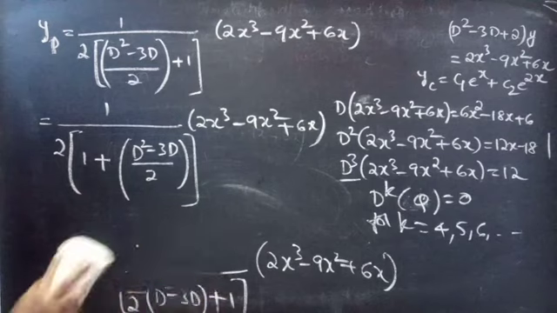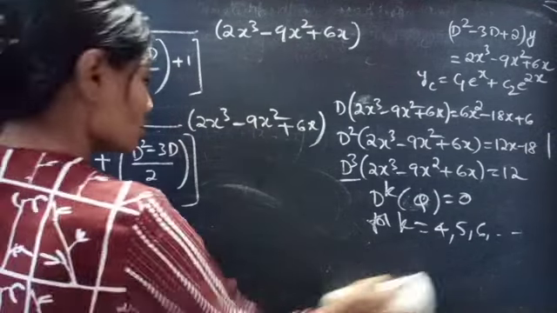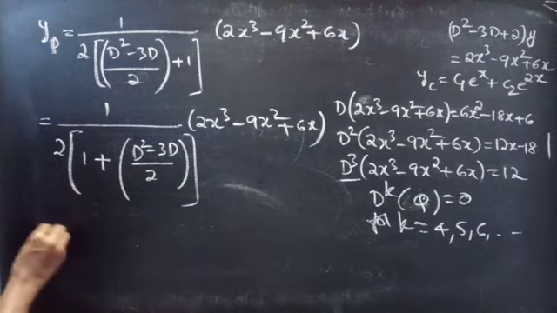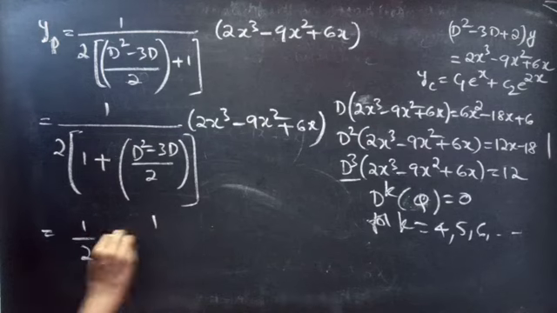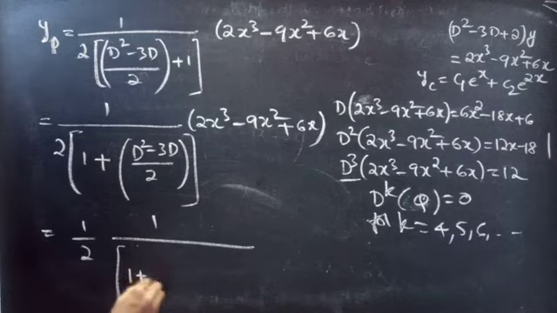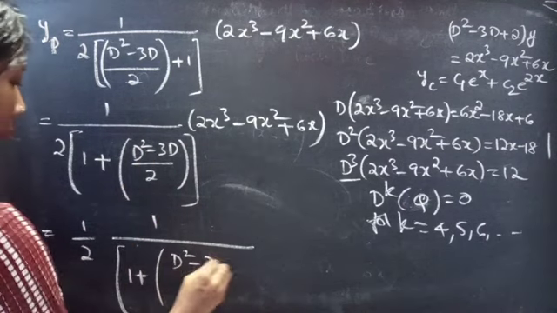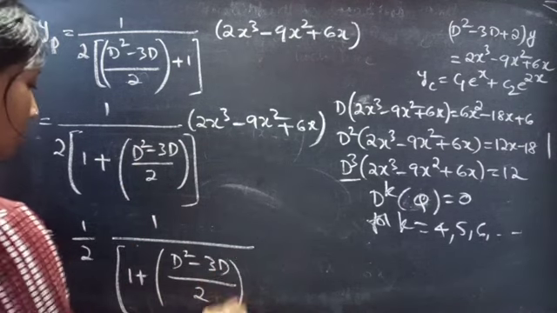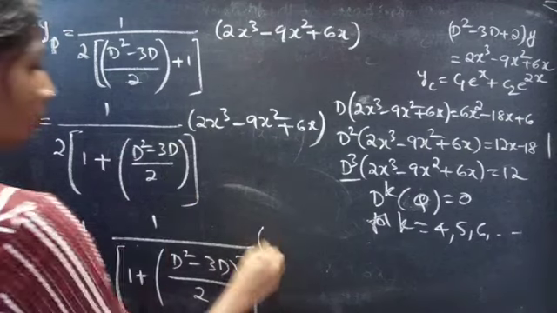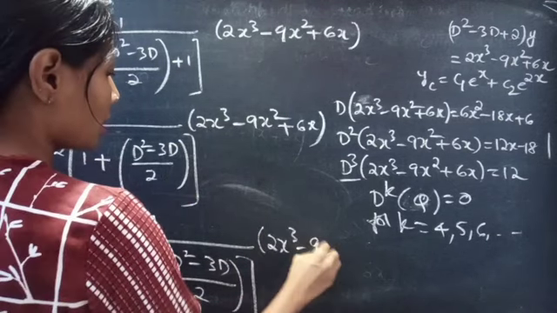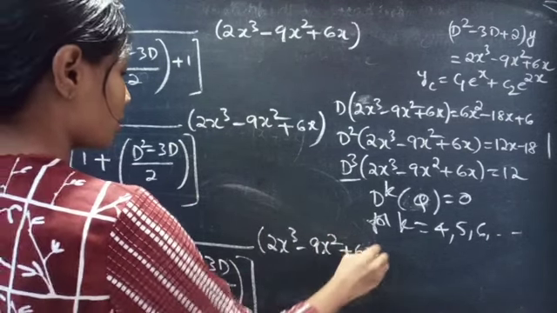Now, let's split the fraction into 2 fractions: 1 by 2 into 1 by 1 plus (D square minus 3D by 2), into Q, 2x cube minus 9x square plus 6x.